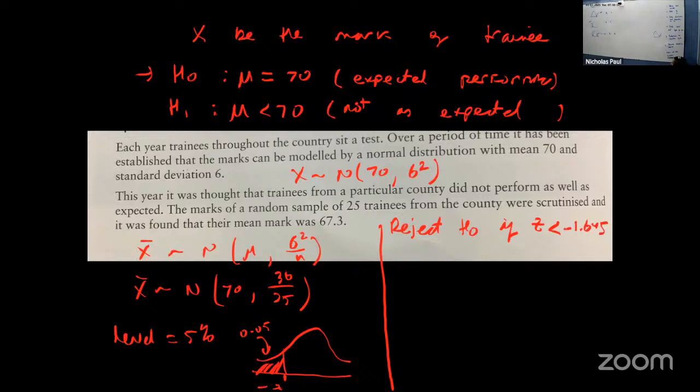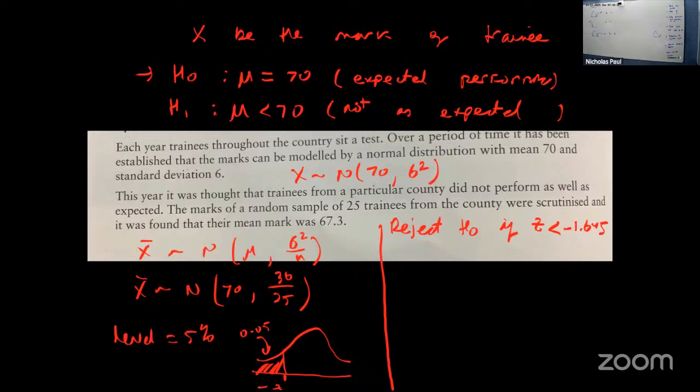The reason why it's less than is because it's a lower tail test. The reason why it's minus is because it's a lower tail test, so that's the left side, so the value for Z must be negative. So that's our rejection region. If the Z value we calculate now is inside there, we reject. If it's outside, it means it's bigger than that.